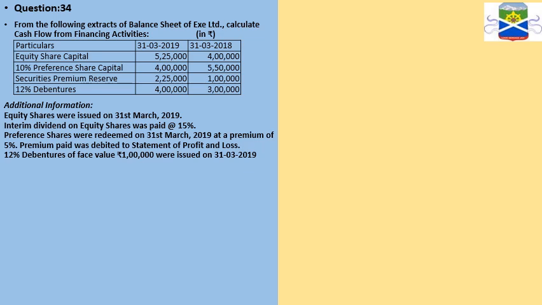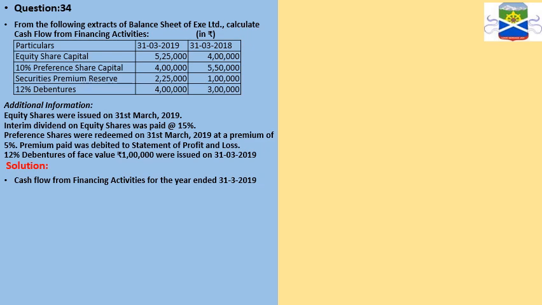So now in this question we will be having the equity share, whose closing figure is 5,25,000 and opening figure is 4 lakhs, that is 1,25,000 is issued, that's why it is increased. 10% preference share is decreased. Earlier it was 5,50,000 and now it is 4 lakhs, so that is decreased. Security premium reserve is increased due to the issue of equity share.